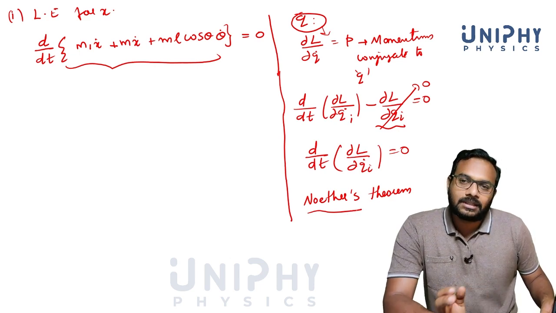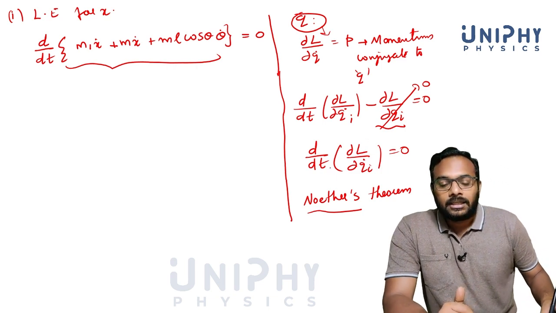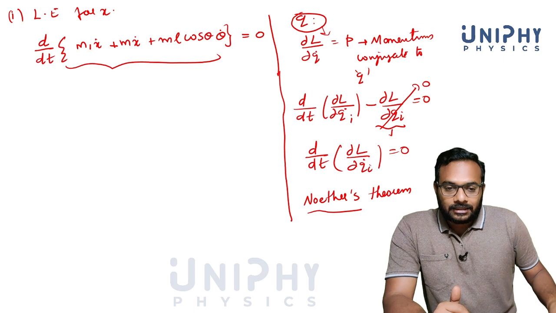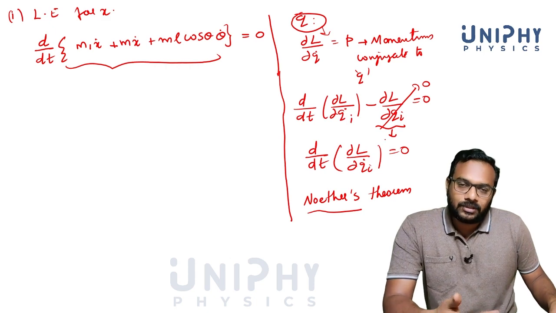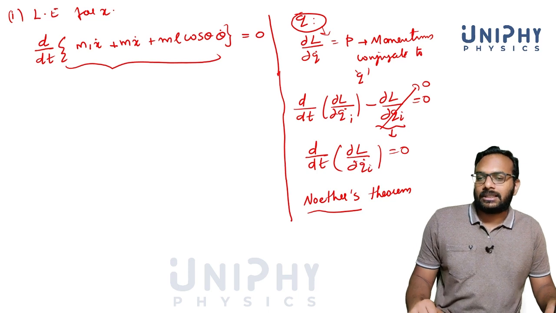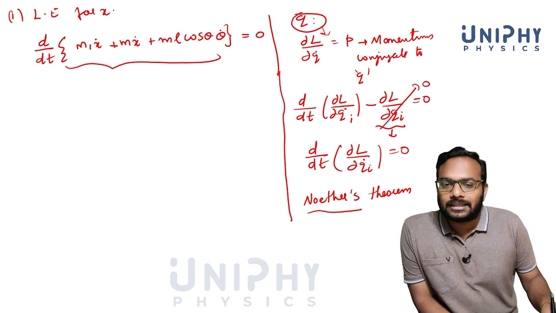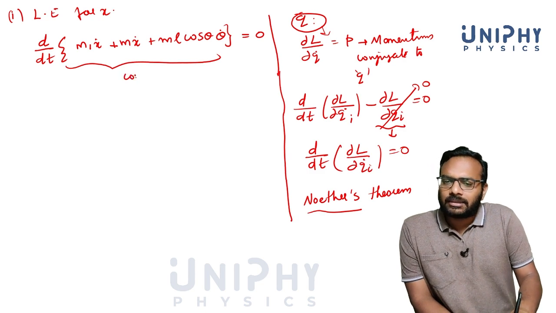A cyclic coordinate automatically means there is a symmetry. So that was a slight deviation from what we were discussing; I just wanted to say there is some conserved quantity here.